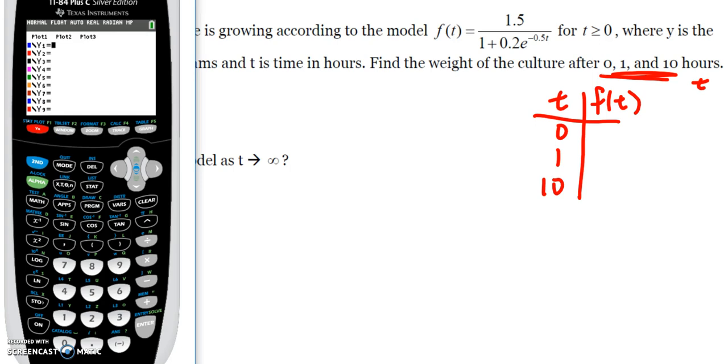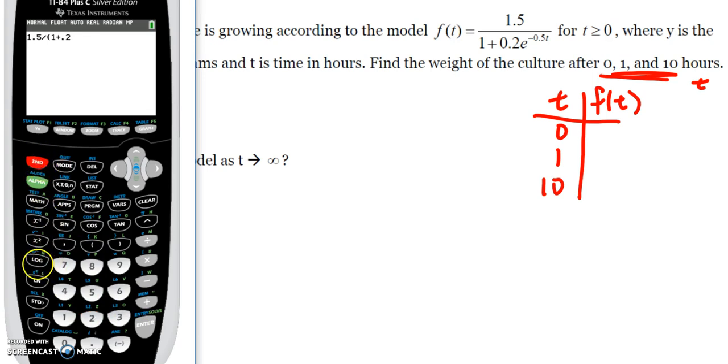There's a couple different ways to do this. The first way is to graph it, but let me show you the other way first. If I want to literally plug 0 into my function, I'd have 1.5 divided by, and please put parentheses around the entire denominator, so 1 plus 0.2 e.